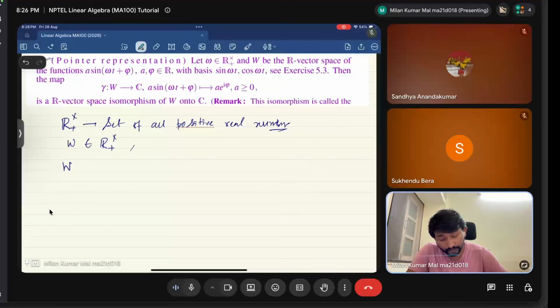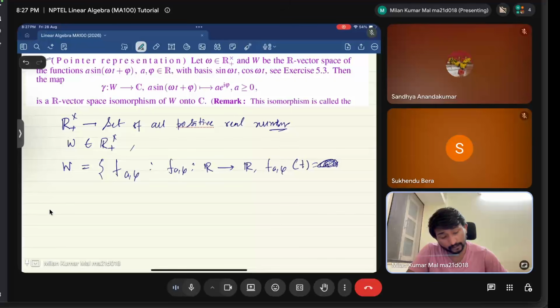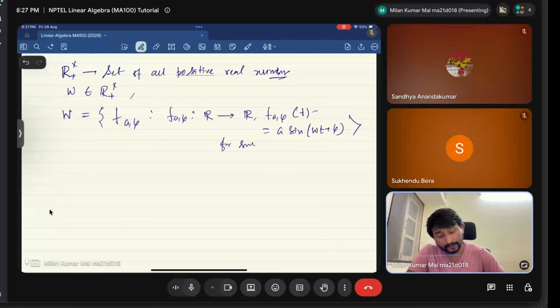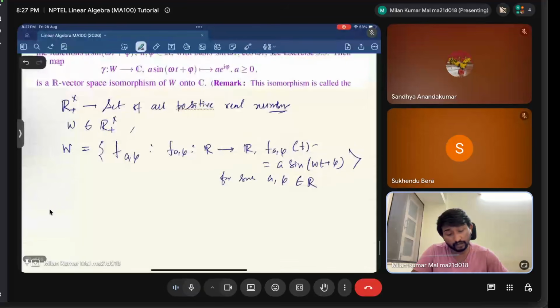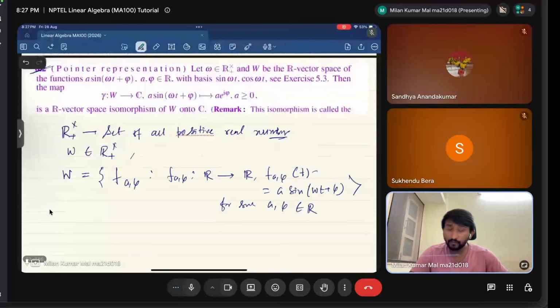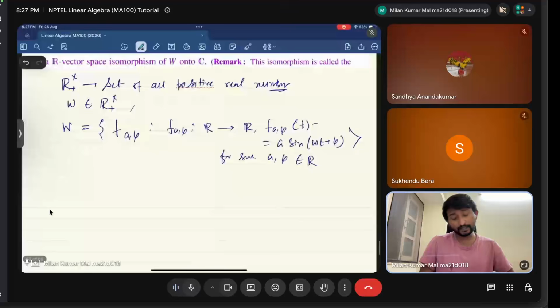And let W be the subspace, the space of all functions f from real to real given by f at the point t equals a sin(wt plus phi), for some a and phi coming from R. So a can be 0 as well and phi can be 0 as well, but w is fixed, non-zero and positive. Then we have discussed last day, this is a vector space.